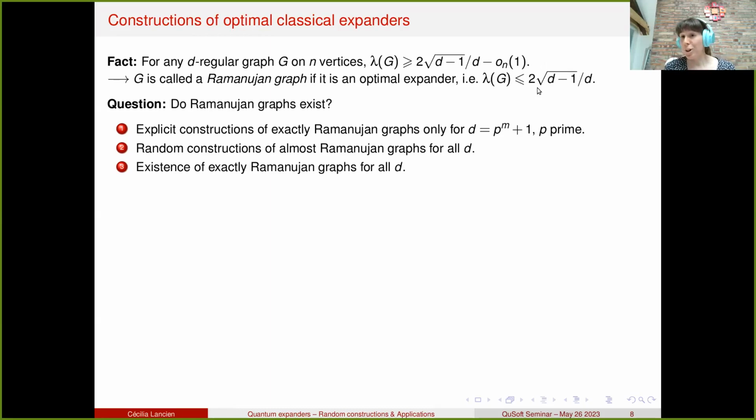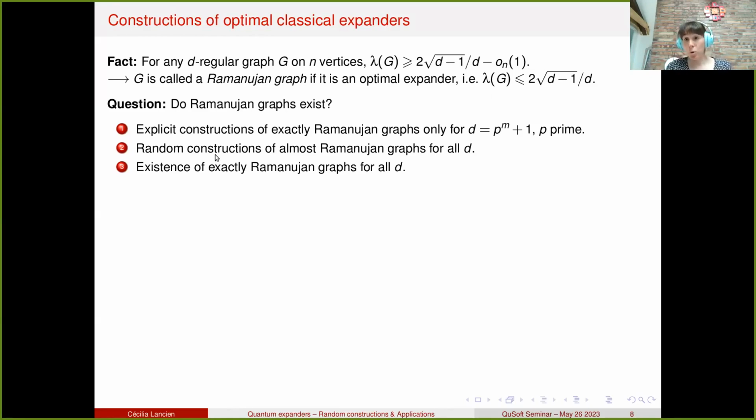Of course, the first question you can ask is, do Ramanujan graphs actually exist? And there's been a lot of work around this question. First, people have shown that there are explicit constructions of exact Ramanujan graphs, but only for some specific values of d, namely when d is a prime power plus 1. In these cases, you have explicit constructions based on Cayley graphs of groups usually that achieve this.